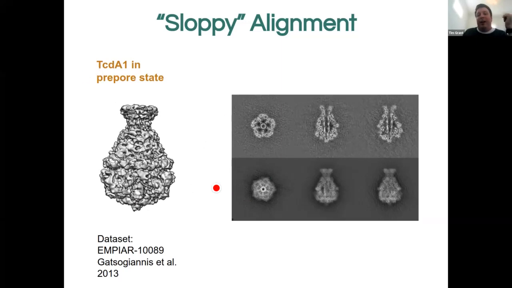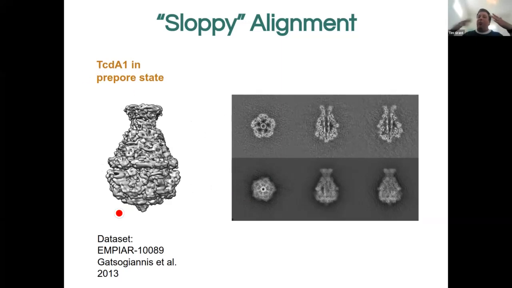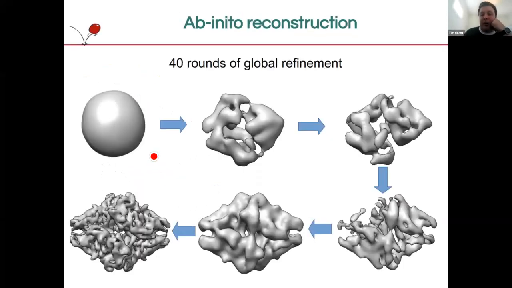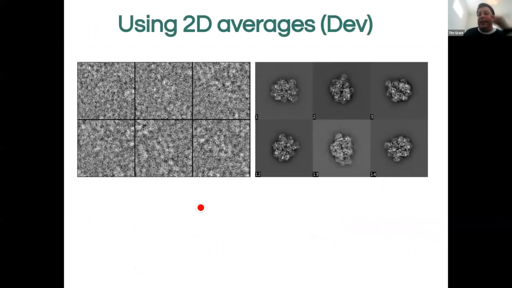This is indicative of the general problem of going from the incorrect model to the correct model, and this tends to work pretty well for us. We can start with these blobs, follow this particular alignment, and end with something that looks correct the vast majority of the time. We've recently extended this to use information from 2D class averaging.